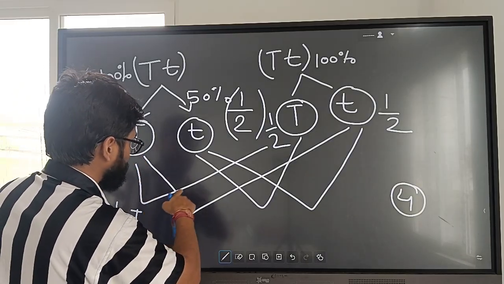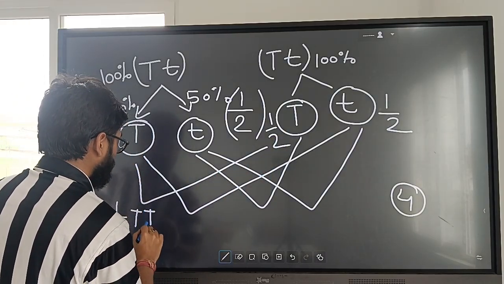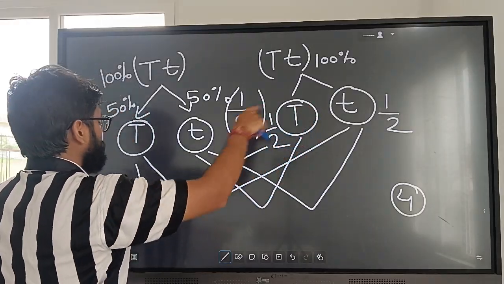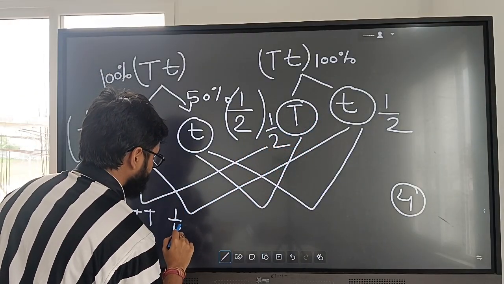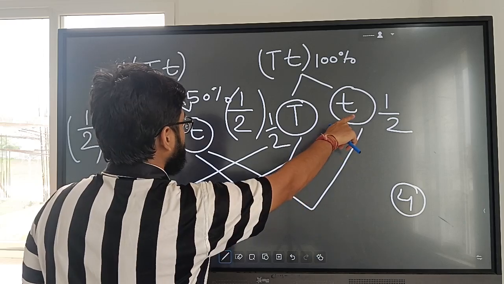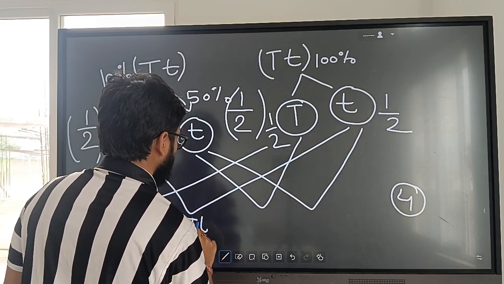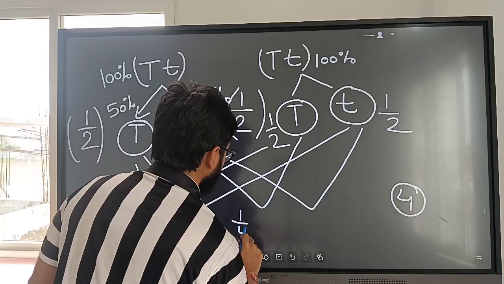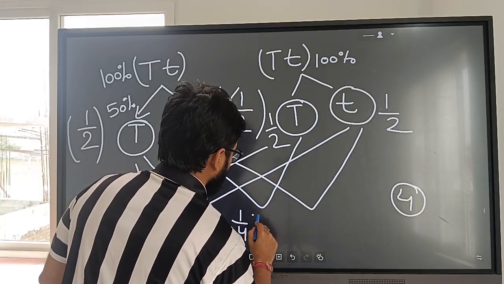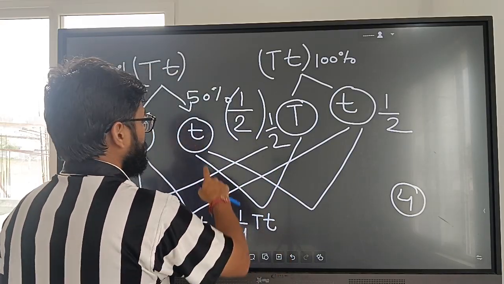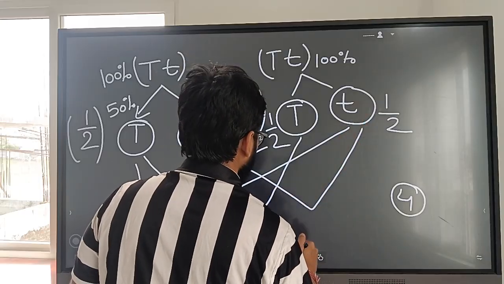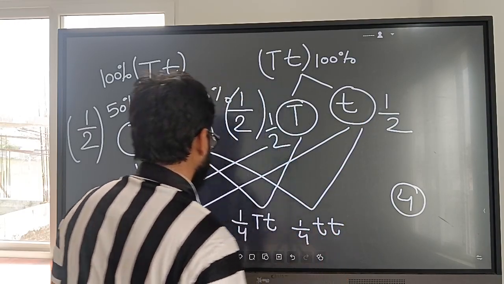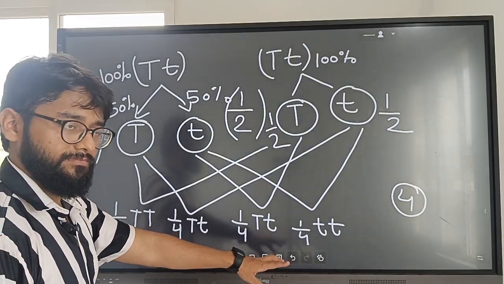If we match this, we get 1/4 capital T. In this one, what do we get? Again 1/4, capital T, small t. In this also we get 1/4 capital T, small t. And in this case we get 1/4 small t, small t. Same ratio.